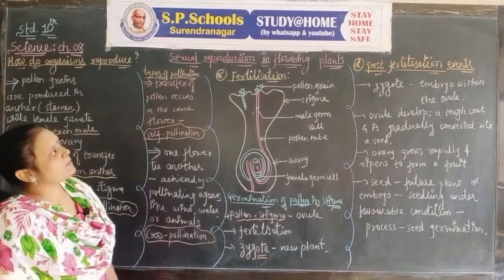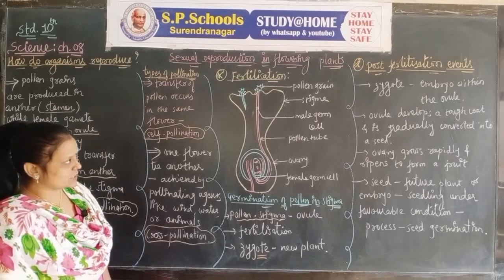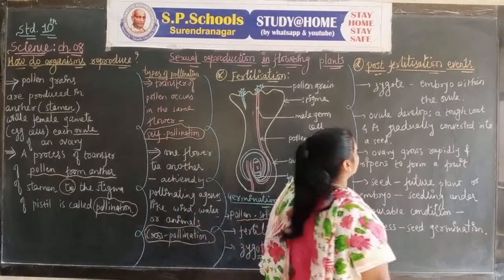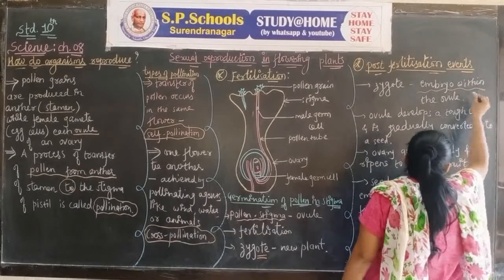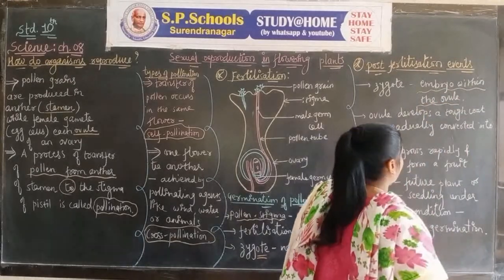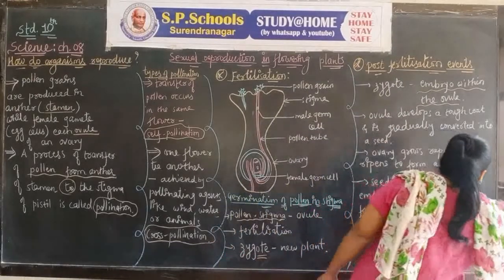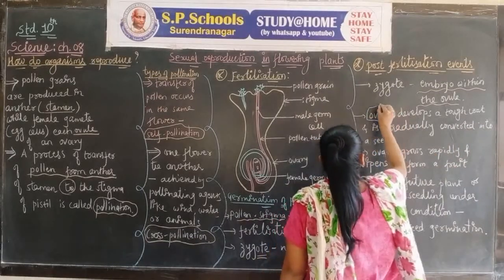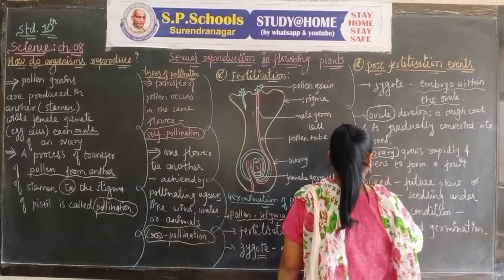What processes occur in the post-fertilization events? When the zygote develops, it develops into an embryo within the ovule. Three parts develop: ovule, ovary and seed.